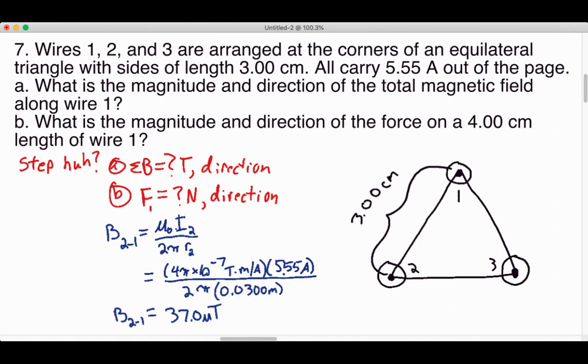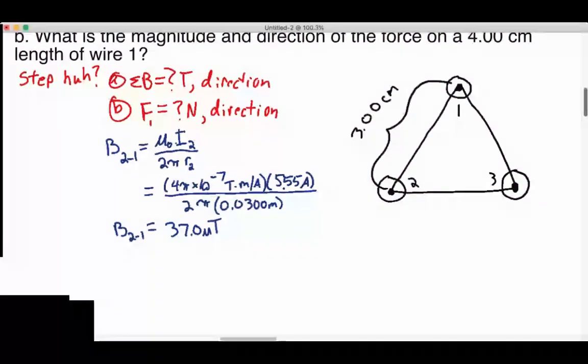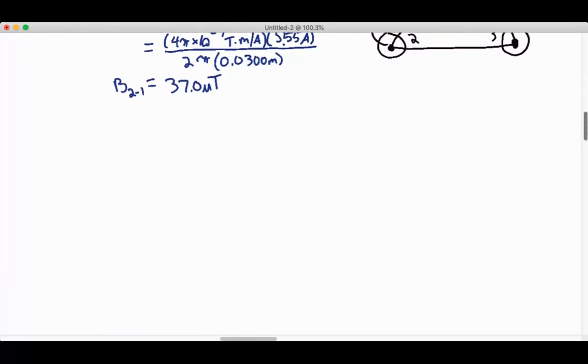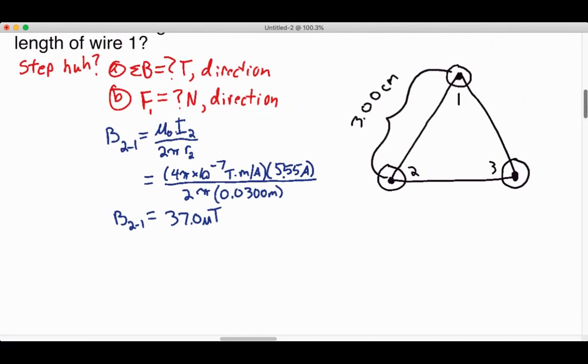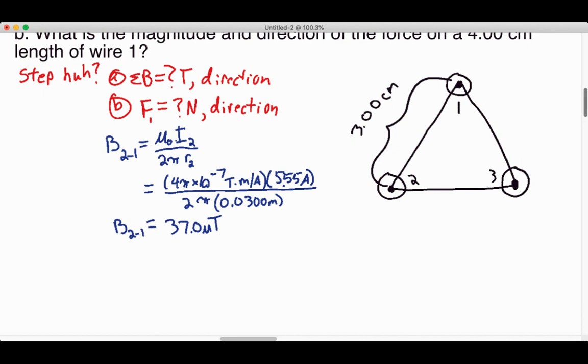So now we know the magnitude of the contribution of wire 2, and what's the direction going to be? The direction is going to get a little bit complicated here. So let me scroll down and get some more room here. Sorry, let me scroll back up. So look at wire 2. It's coming towards you, so we've got to do the right-hand rule, the grip rule. Point your thumb towards you and think of what direction the magnetic field is going to be up here.